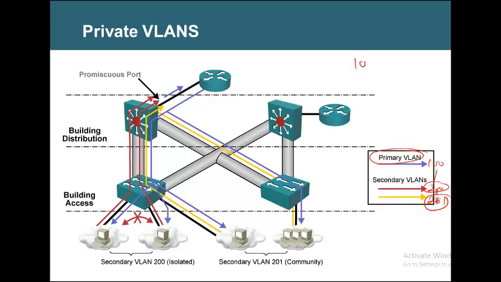This is the original VLAN. Now, for some reason, I create sub VLANs called 200 and 201 under this primary VLAN.